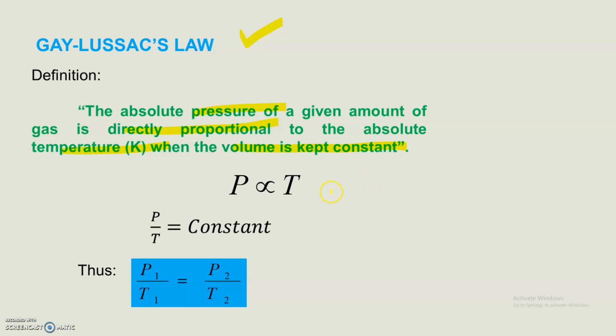Mathematically, it can be written as P, pressure, over T, temperature, equals K. Thus P1 over T1 equals P2 over T2. The law of combining volumes states that when gases react together they do so in volumes which bear a simple whole number ratio, provided that the temperature and pressure of the reacting gases and their products remain constant.